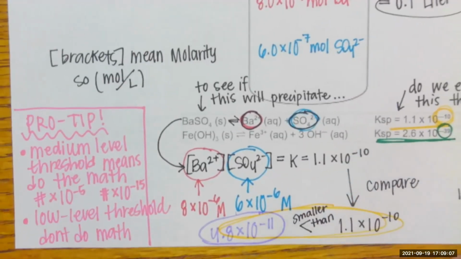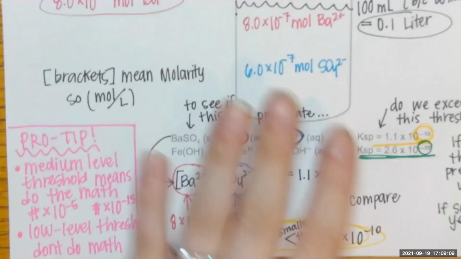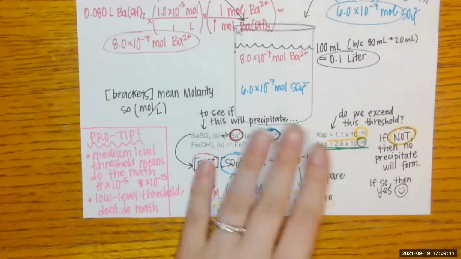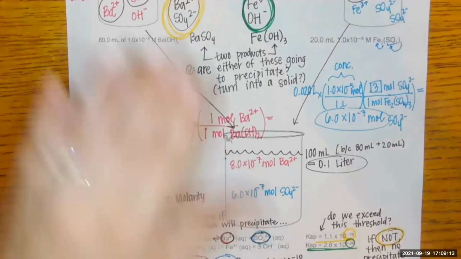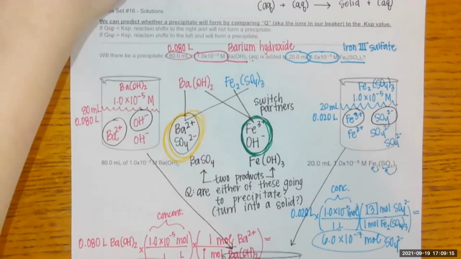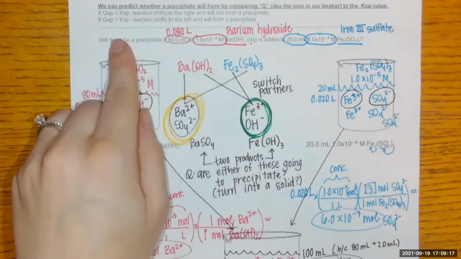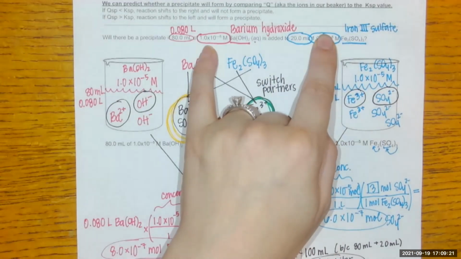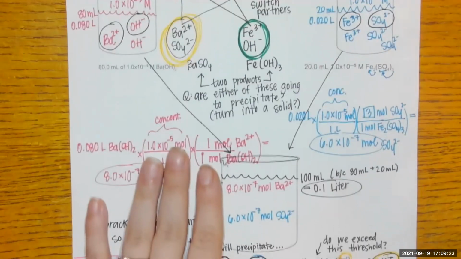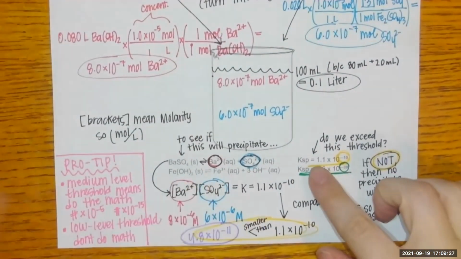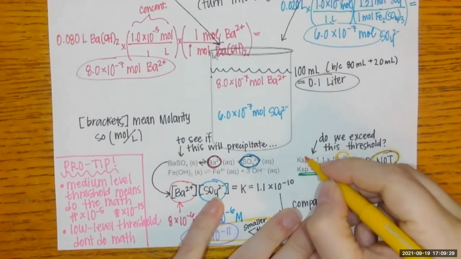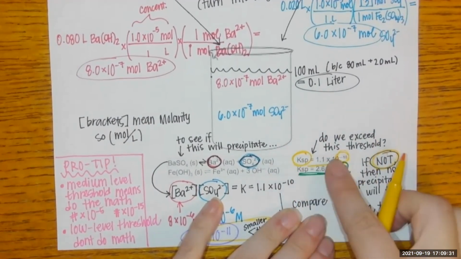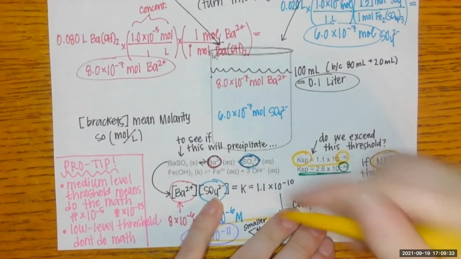So the original question, let me zoom out. The original question was, will there be a precipitate if these two mix together? I mathematically proved that this threshold is not exceeded.